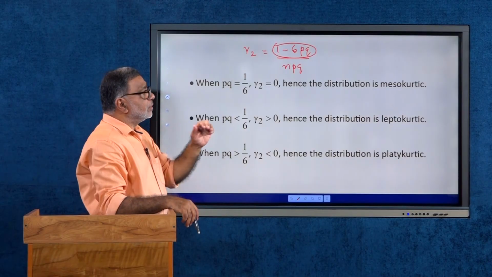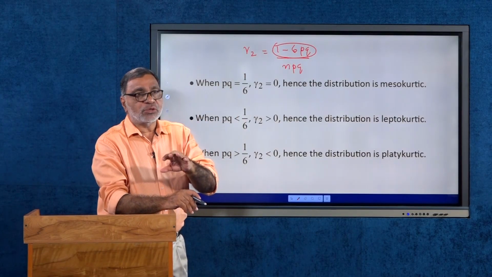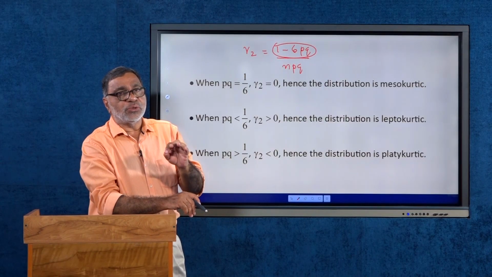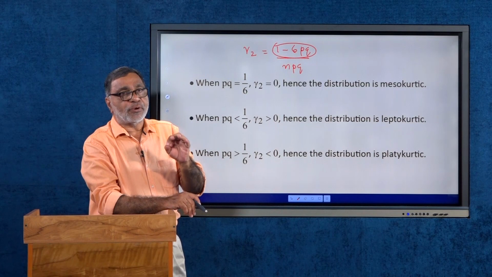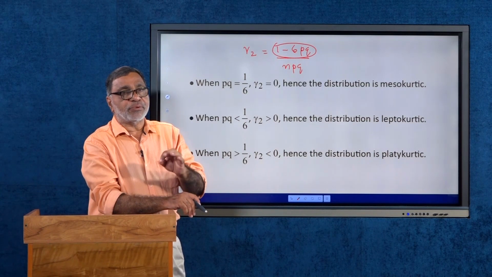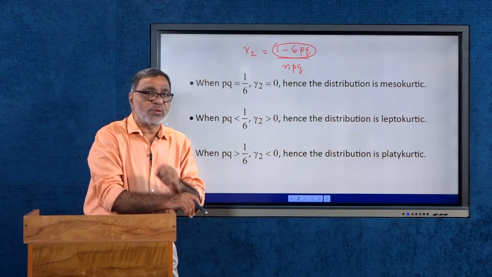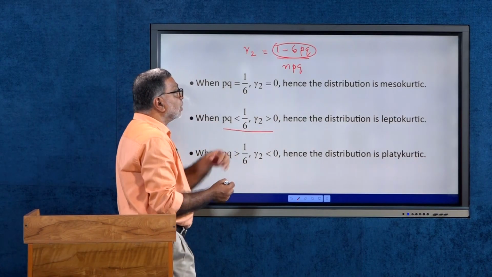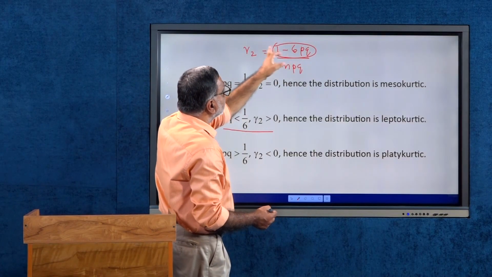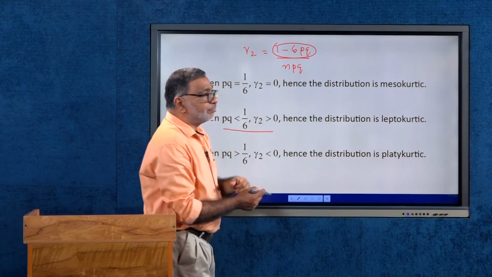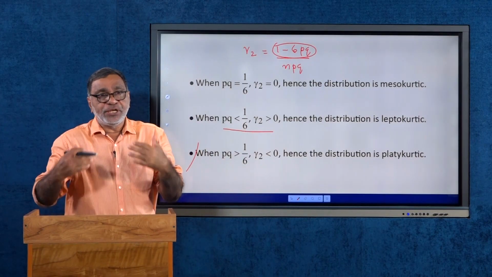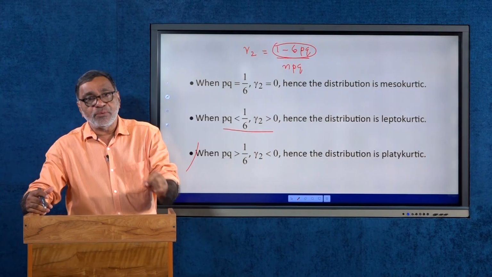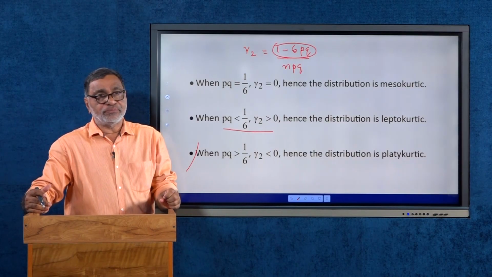So, when p q is equal to 1 by 6, gamma 2 becomes 0. That means the distribution is mesokurtic, that is of the form of a normal distribution. Gamma 2 is equal to 0 if the product of the probability of success and the probability of failure is equal to 1 by 6. If p q is less than 1 by 6, gamma 2 becomes positive, which means the binomial distribution is leptokurtic.